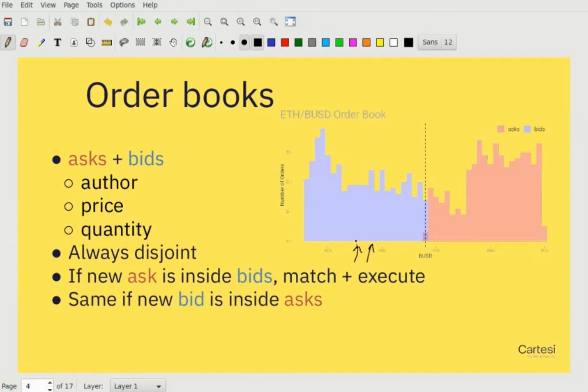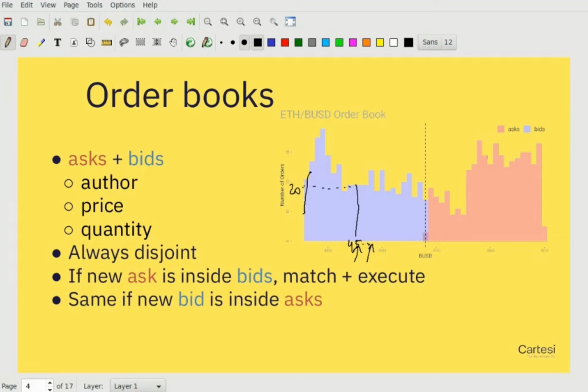Let's say the price is 4,5 something, and the volume is 20. So people are buying 20 Ether at the price of 450 something, 4,500 BUSD, and this accumulates.